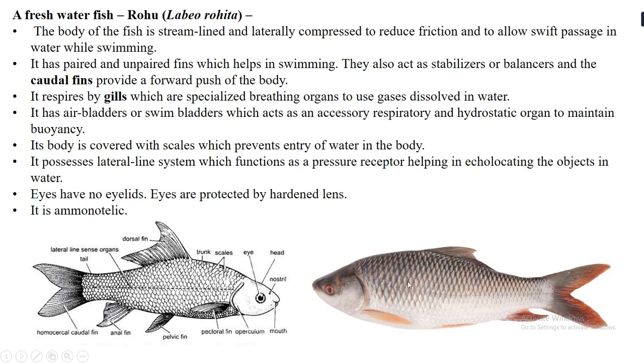It possesses lateral lines, or a line system, which functions as pressure receptors, helping in locating objects in the water. So it actually helps in preventing the body from any obstacles coming in front. The eyes have no eyelids, and the eyes are protected by a hardened lens. And this particular fish is monotelic.